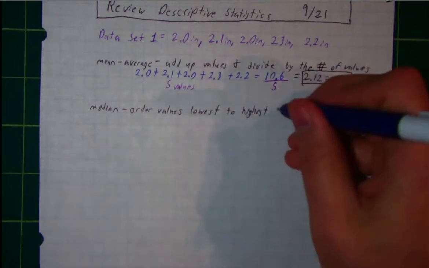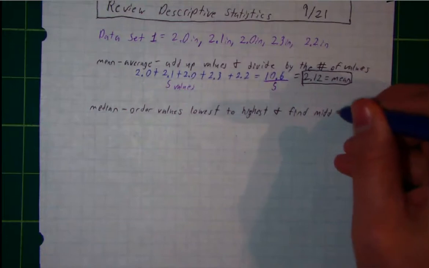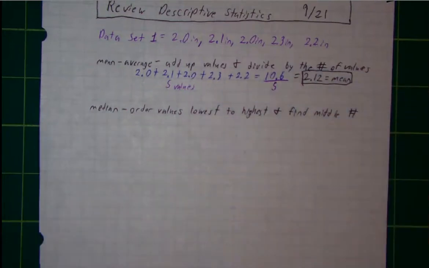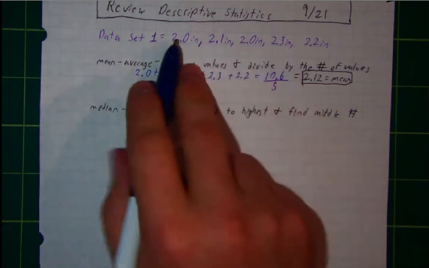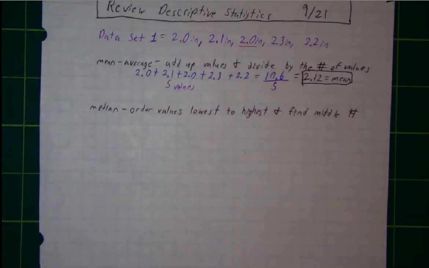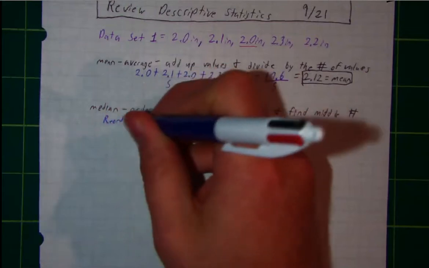Then we need to find the middle number. A common mistake with taking the median is just looking at the data set out of order and thinking, okay, well, that number's in the middle. There are 5 numbers. This is the third one, and so that is clearly our median. The only problem is these are not actually in order. So we need to reorder data set 1.